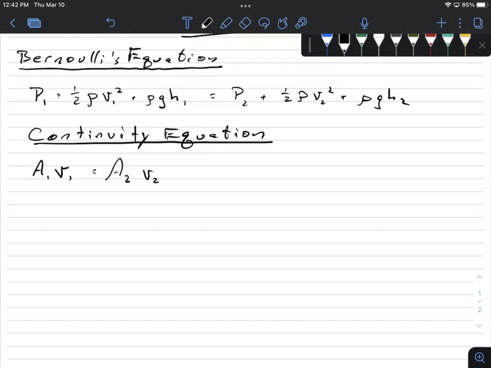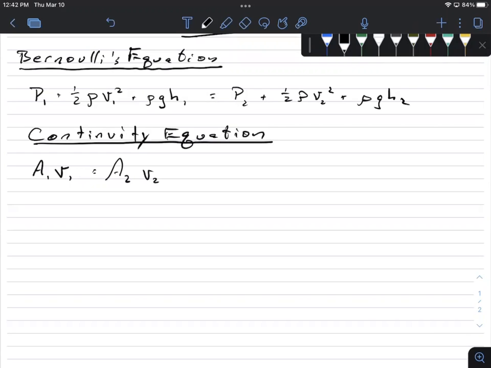Now, along with this, we also had a discussion about airplanes and flight and how airplanes are allowed to fly physically. And we found that one of the side effects of Bernoulli's equation is that if you have the speed of the fluid increase, then its pressure will go down.